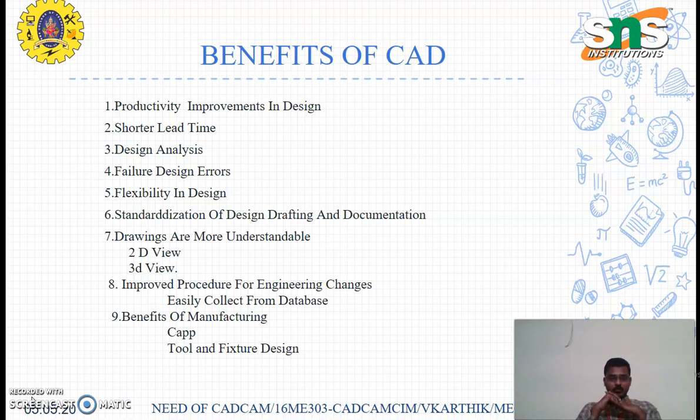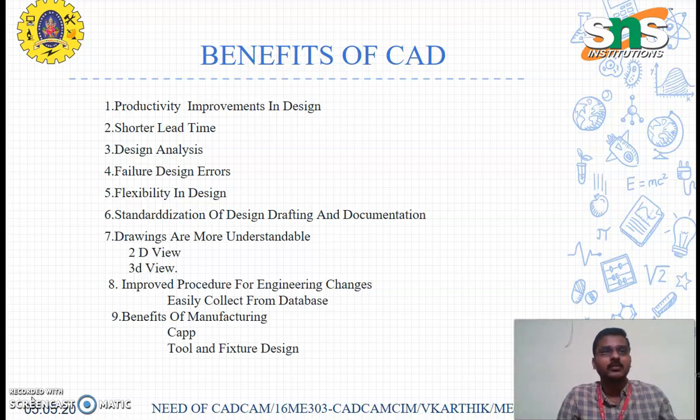Improved procedure for engineering changes. We can easily collect the database or easily change any database as required, either in the design drafting or in the geometrical models or whatever the need. You can easily make changes through the database or the documentation available. Benefits of manufacturing are computer-aided process planning, and tools and fixture design.